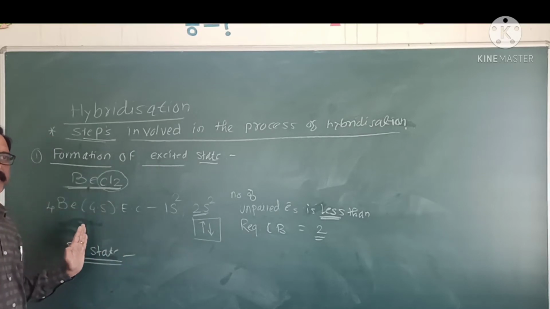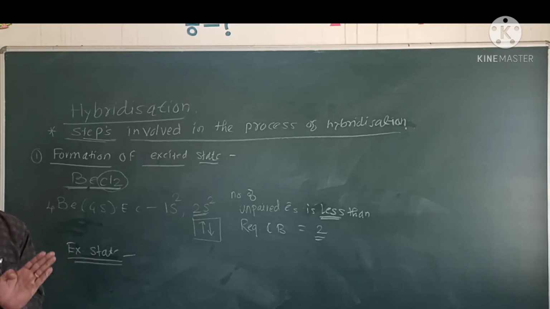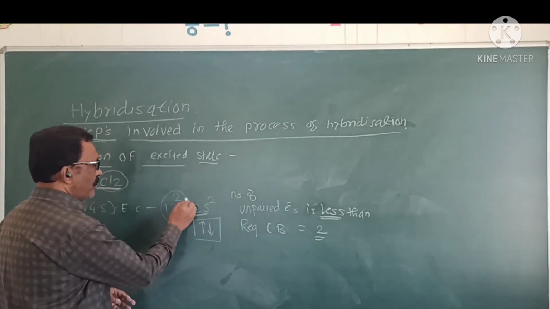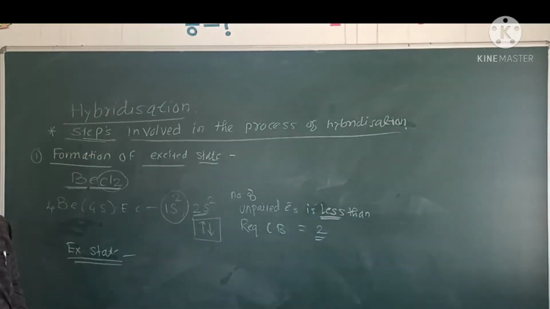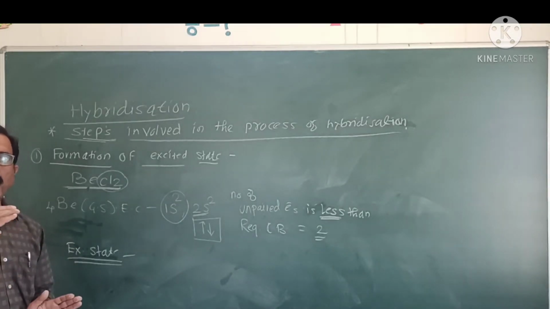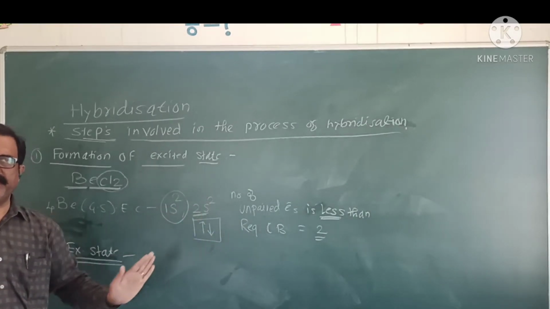In this case, excited state electronic configuration is necessary. In the excited state, one or more electrons from a lower energy level are promoted into vacant orbitals with higher energy.